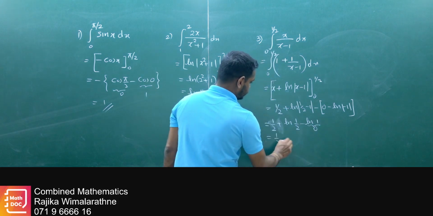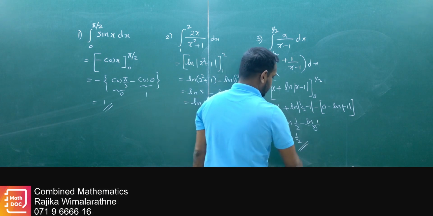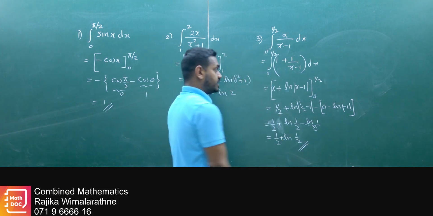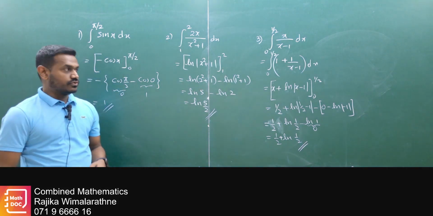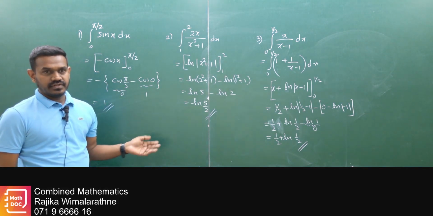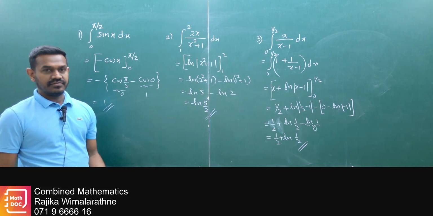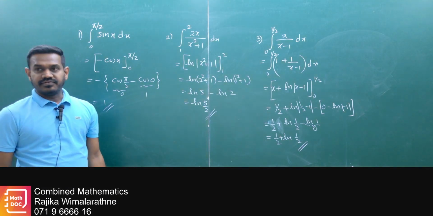Then finally 1 over 2 plus ln 1 over 2. Likewise, we can do definite integration. Then follow the usual technique, and finally apply the definite integral relation.